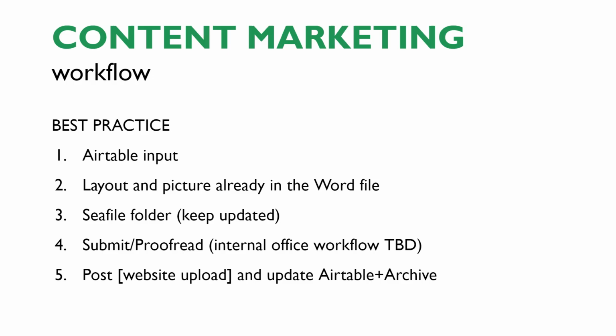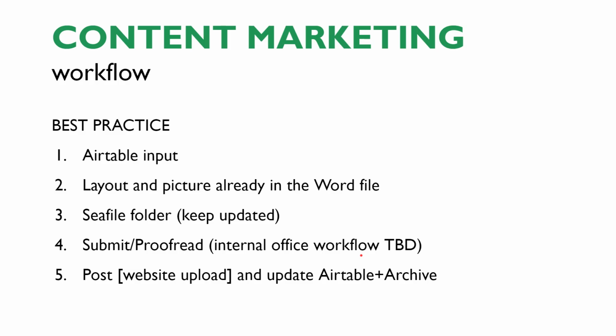You put the layout of how the article is going to be like inside the Word file as you create it. Keep updated the related C file folder, and you determine the internal office workflow for content creation.